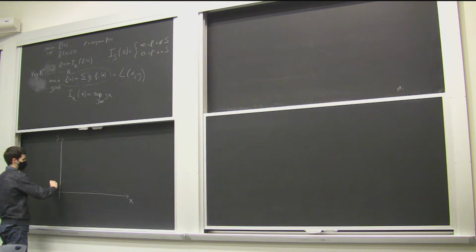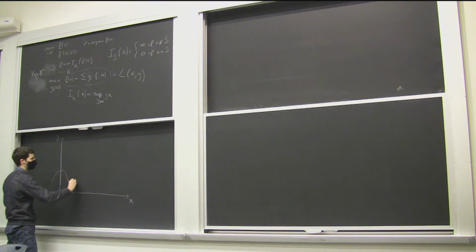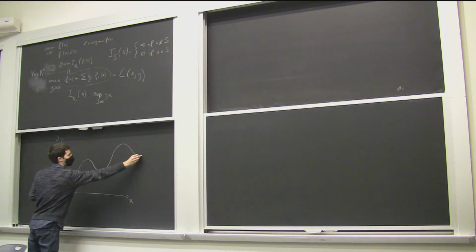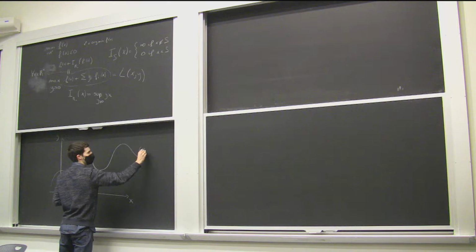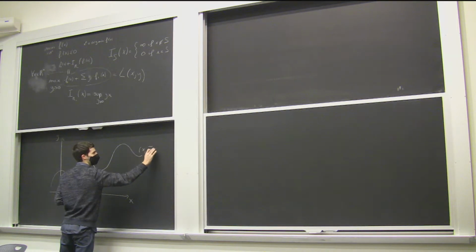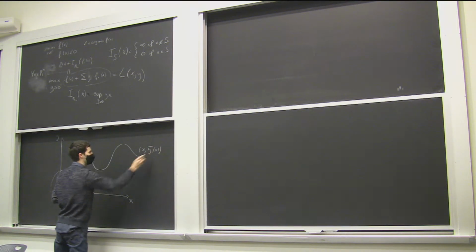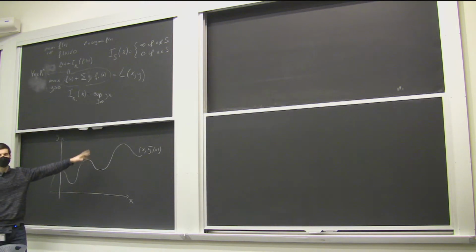And so maybe this is something like this. And this is X, y bar of X. So for each action X, we have the corresponding optimal action for Y.